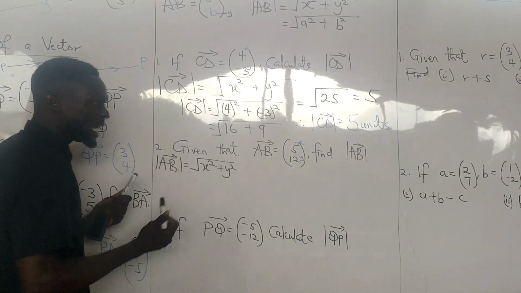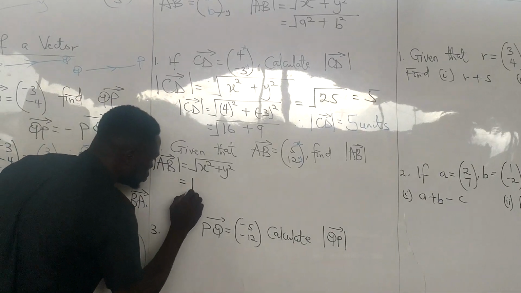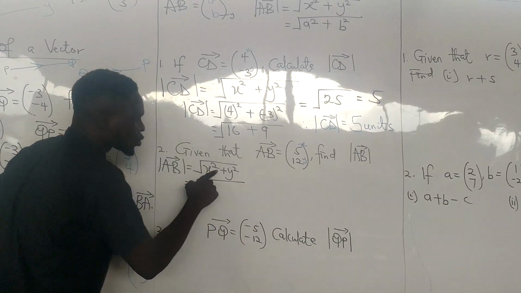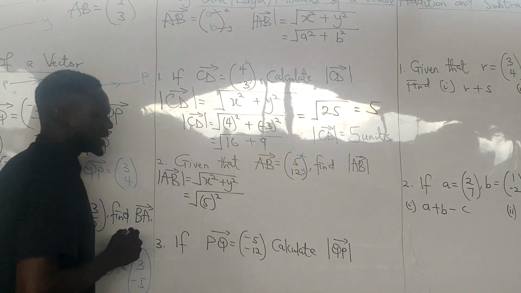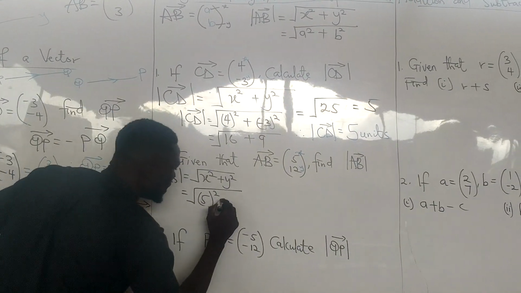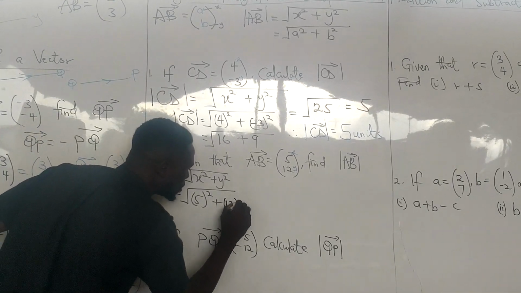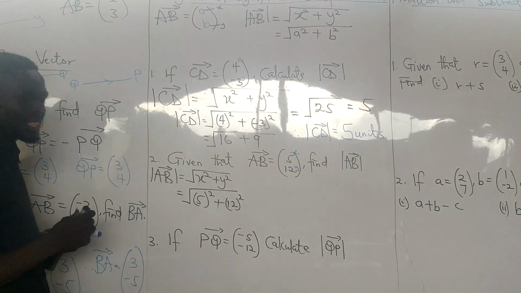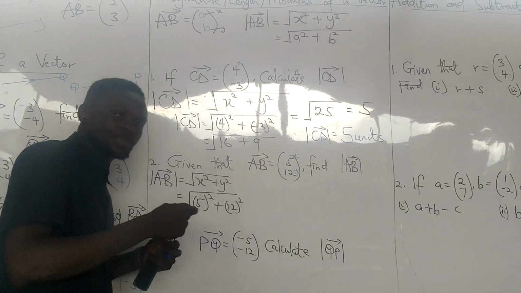So, substitute the 5 in place of x. This is equal to the square root of x squared. What is x? 5. So, 5 squared, plus y squared. What is y? 12 squared. Then you ask yourself, what is the square of 5?